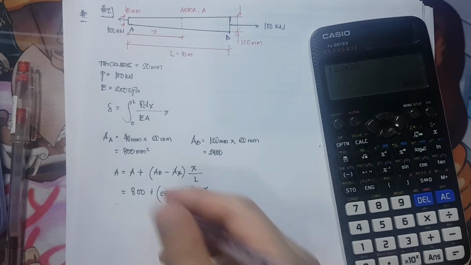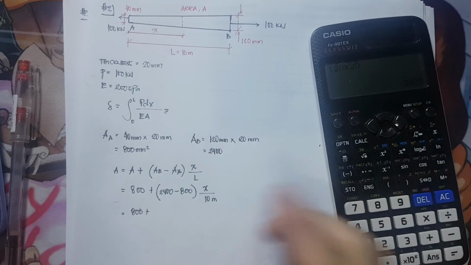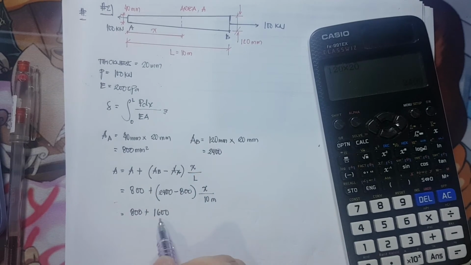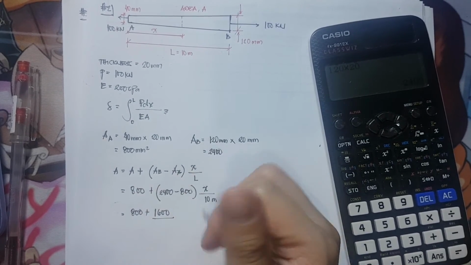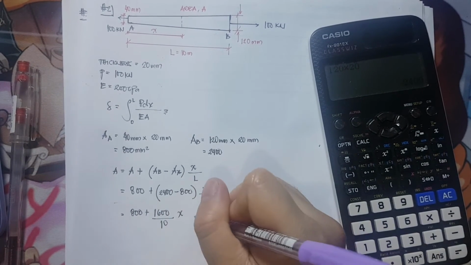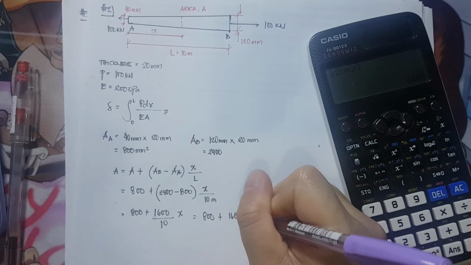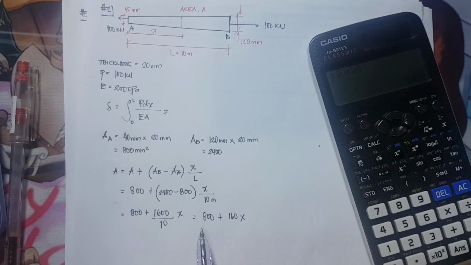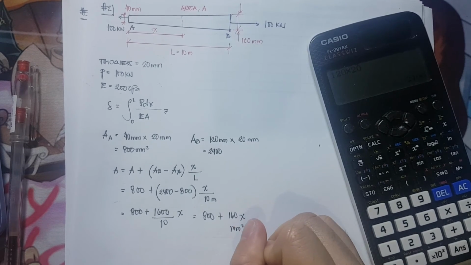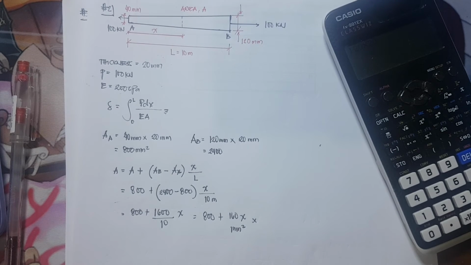Simplifying, we have 800 plus 1,600 divided by 10 times x, which is equivalent to 800 plus 160x. But take note, this equation is in mm squared, so we need to convert it to make it consistent with the units.